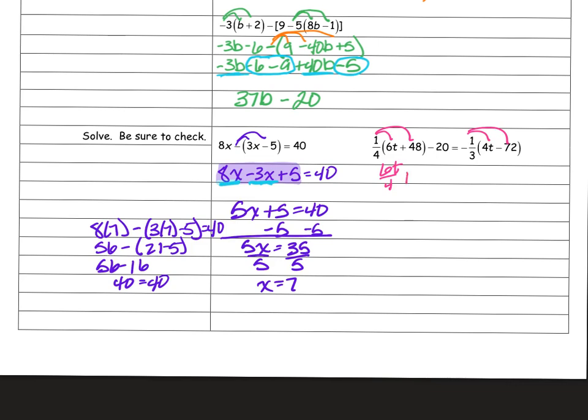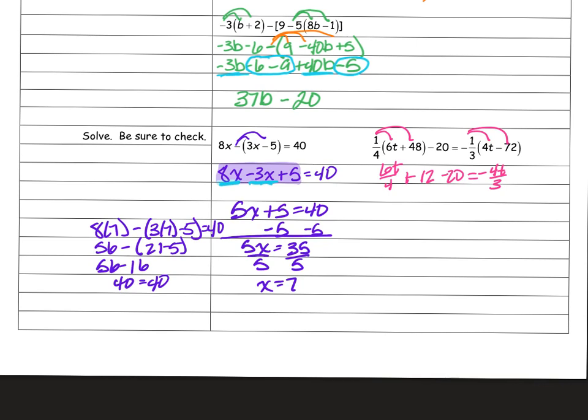And 1/4 of 48 is 12 minus 20. And then 1/3 of 4t, oh, let me rewrite that. That was horrible. Sorry. Minus 4t divided by 3.